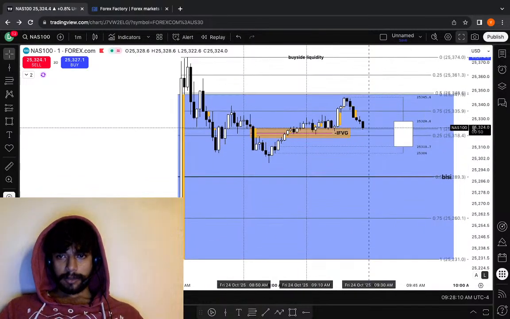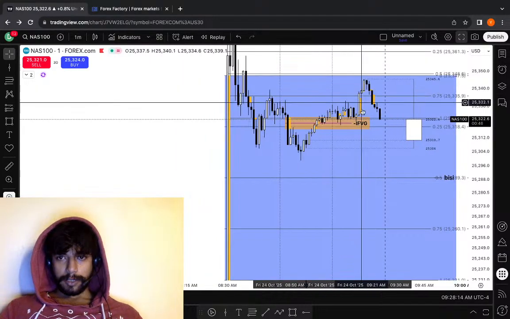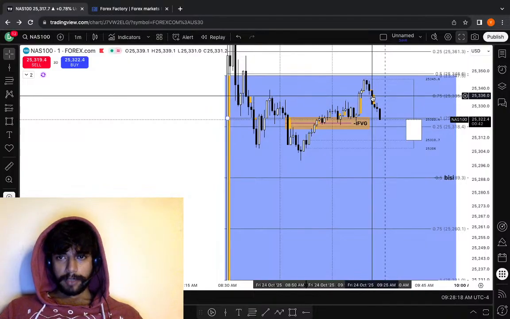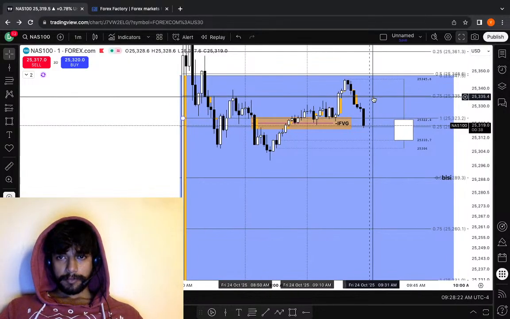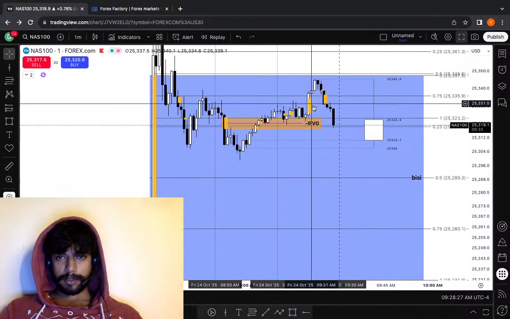Looks like it's going to dump at 9:30 because they are not respecting this, and this sell side imbalance, buy side inefficiency is showing good strength, and this got failed.